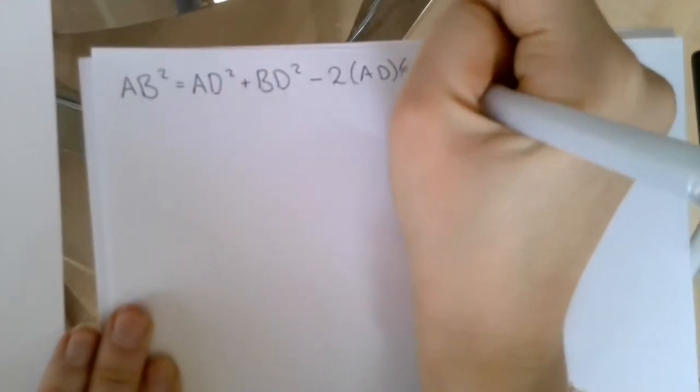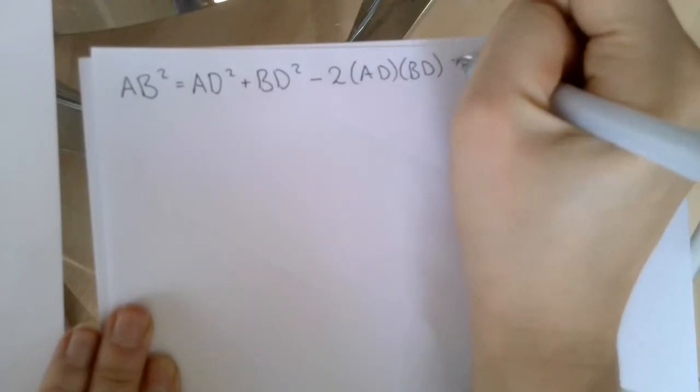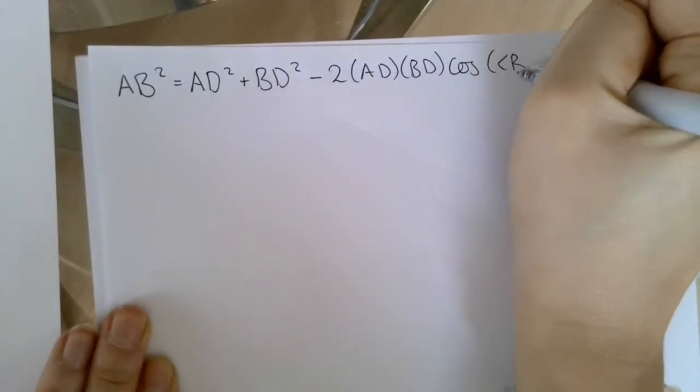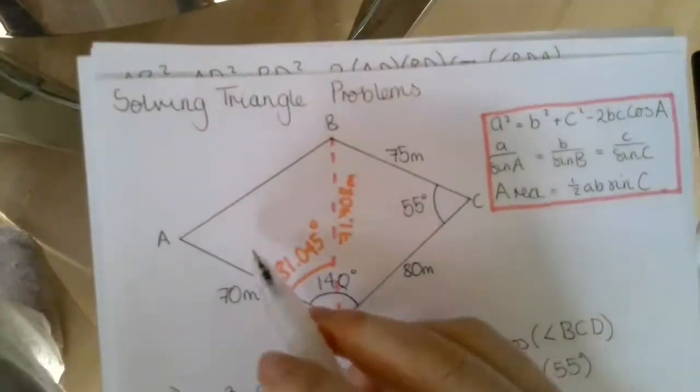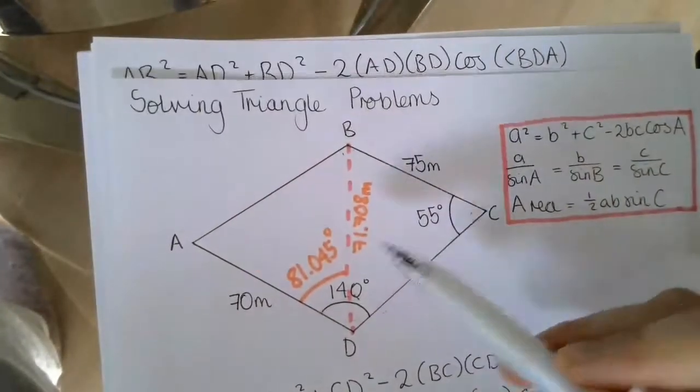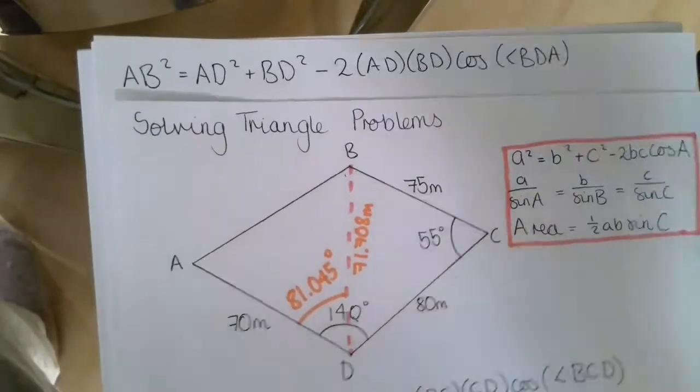AD BD cos angle BDA, the angle we've also just found out. So AD, BD, angle BDA.